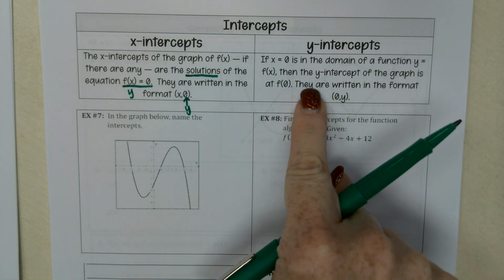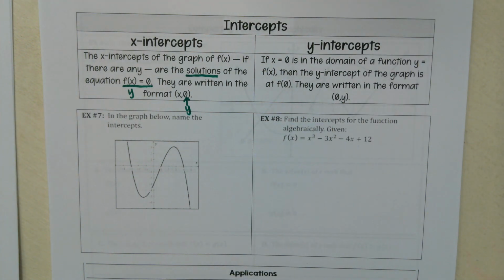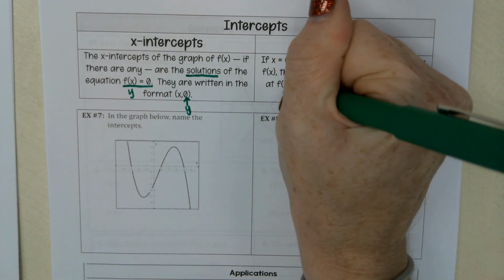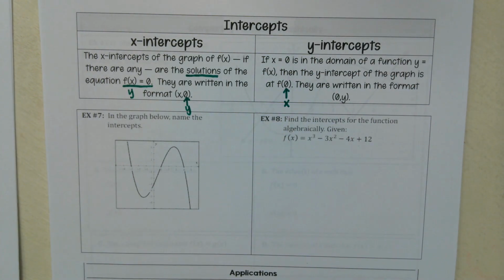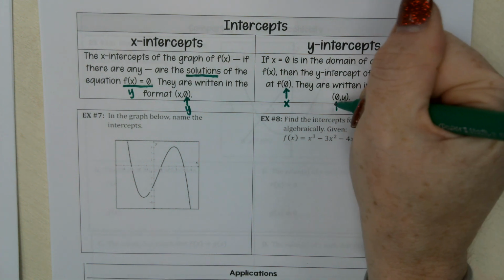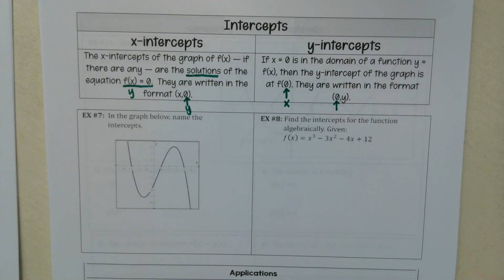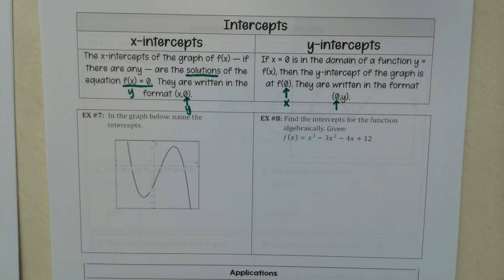Now my y-intercepts are when x is 0, okay? So right here, my function notation, I just plug in 0 into the function and work it out. So I'm plugging in 0, working it out, and I get whatever my y-intercept is, okay? Whatever you're trying to find, you plug 0 in for the opposite thing, okay?